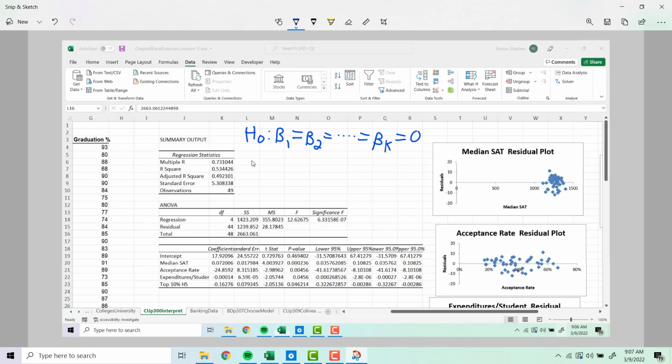They're all equal to 0. And my alternative hypothesis is that at least one Bi is not equal to 0. Not all of them, at least one of them. So this is just telling us there's something useful in our regression model.